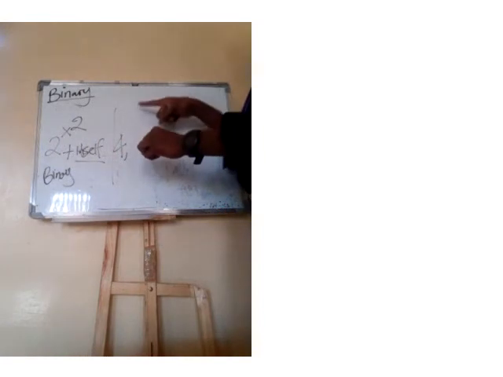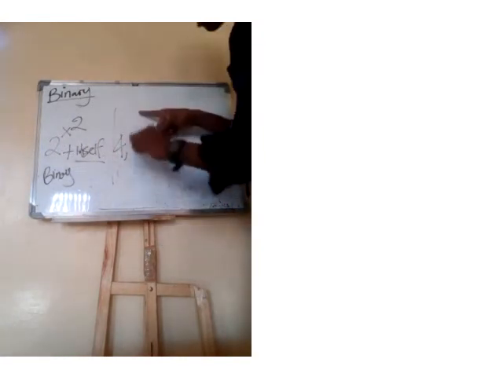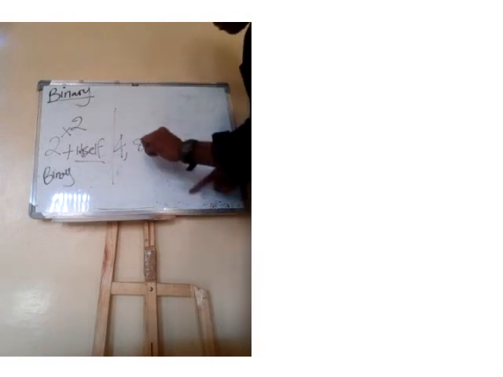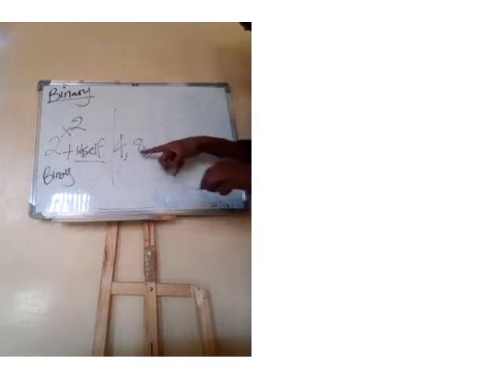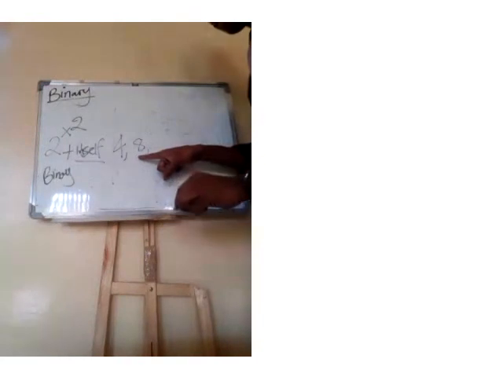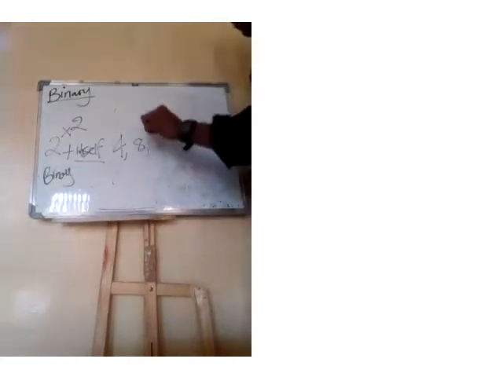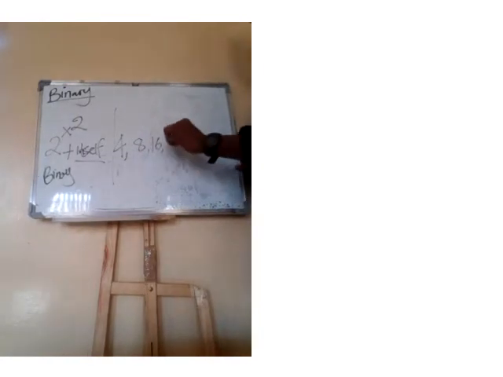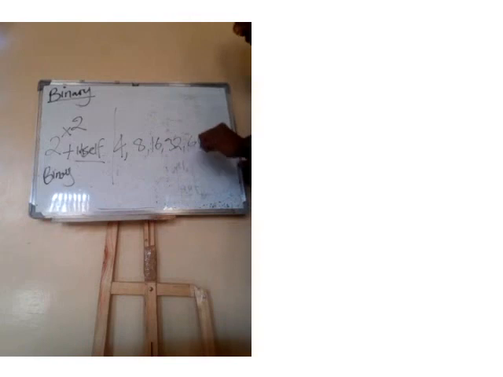So 4 times 2 is what? 8. So 4 plus 4 is equal to 8. The same thing. When you reach on 8, what happens? Do the same thing. So there it will be 8 times 2, 16. 16 times 2, 32. 32 times 2, 64.